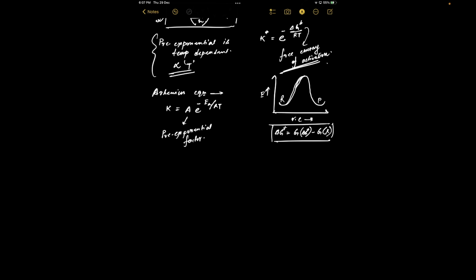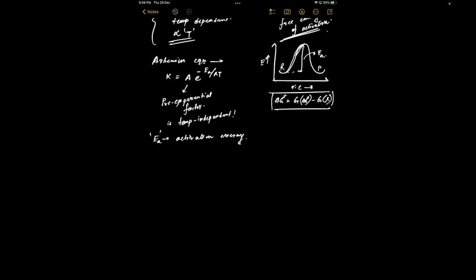In the Arrhenius equation, the pre-exponential factor A is temperature independent. This is important. And here EA is the activation energy, the difference between this energy and this energy.